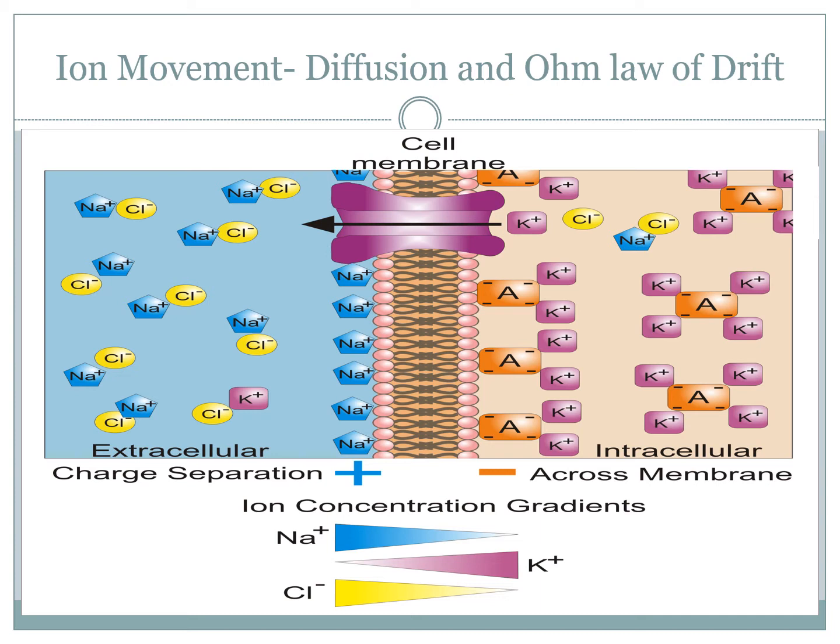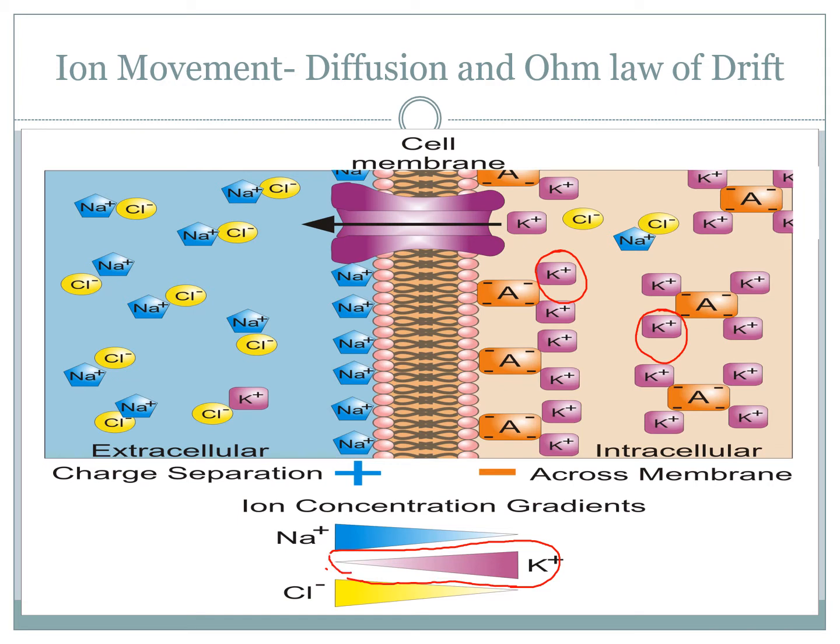If we take a well-known concept, let's just say we have high amounts of potassium inside the cell. Diffusion will state that the potassium will want to move out of the cell because of the concentration gradient.